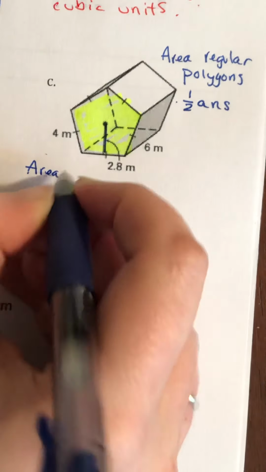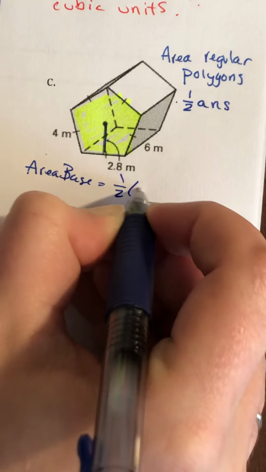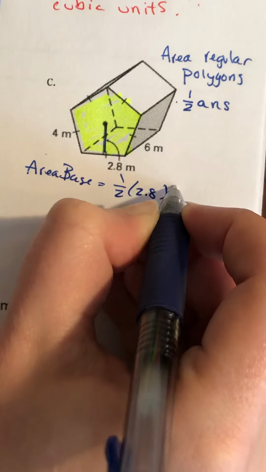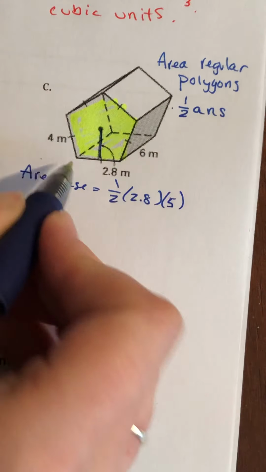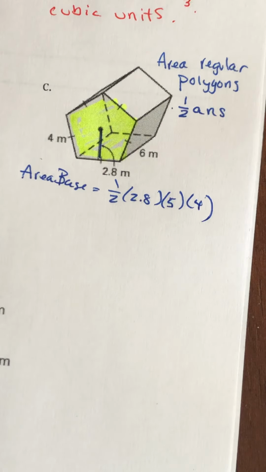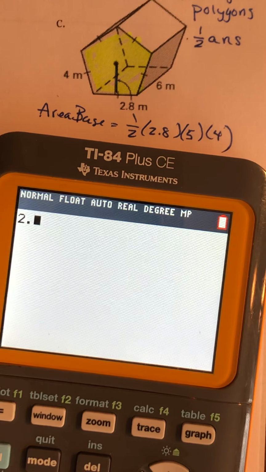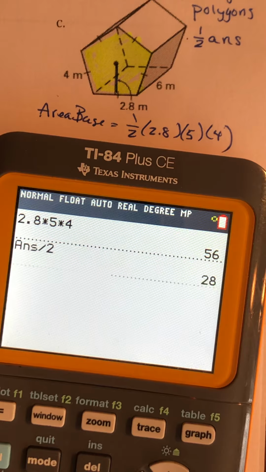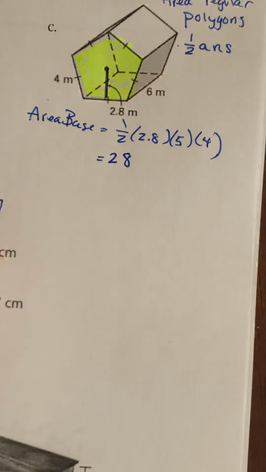So the area of that base is 1/2. The apothem is 2.8. Number of sides, it's a pentagon, 5. And the side length is 4. So 2.8 times 5 times 4. Half of that, that's 28 exactly. So the area of that base is 28.